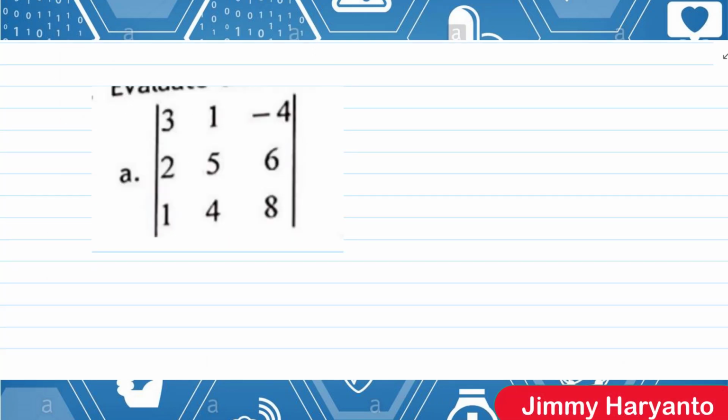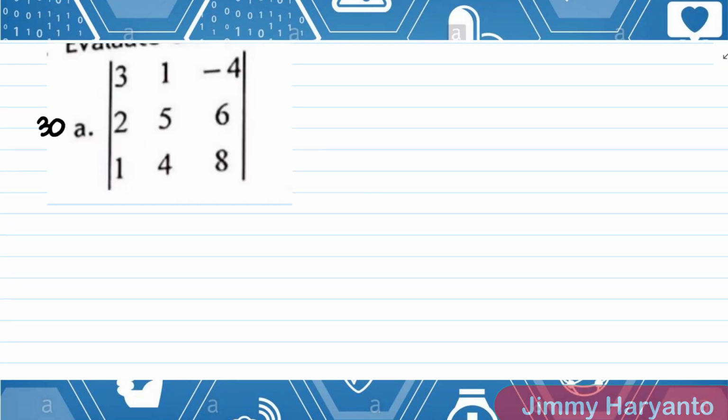And now we have the 3 times 3 matrix. I will use Sarrus' method. 3, 2, 1, 1, 5, 4.